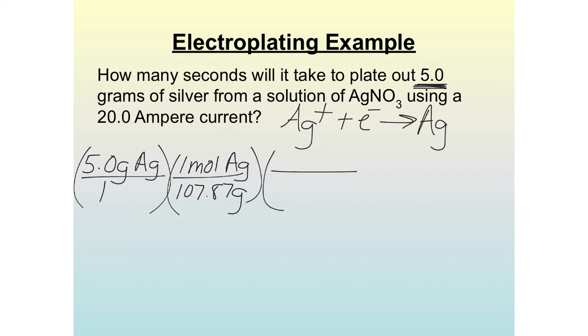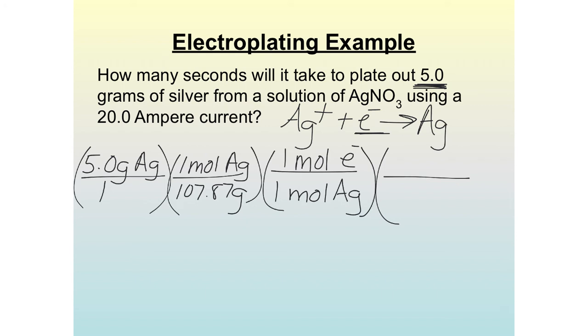Then we would do the 1 mole of silver is produced with 1 mole of electrons. So again, that comes from the half reaction. So if this was aluminum, which makes the +3 ion, then it would be 3 moles of electrons. So make sure that this comes from the balanced equation.